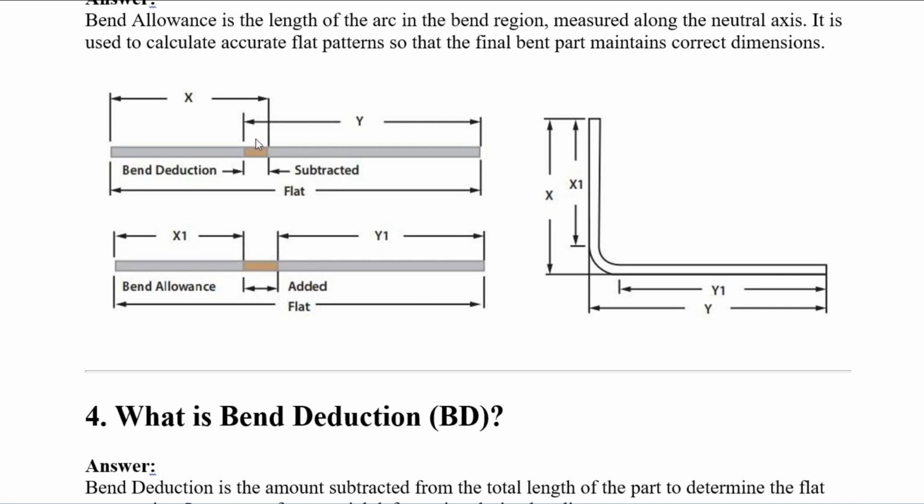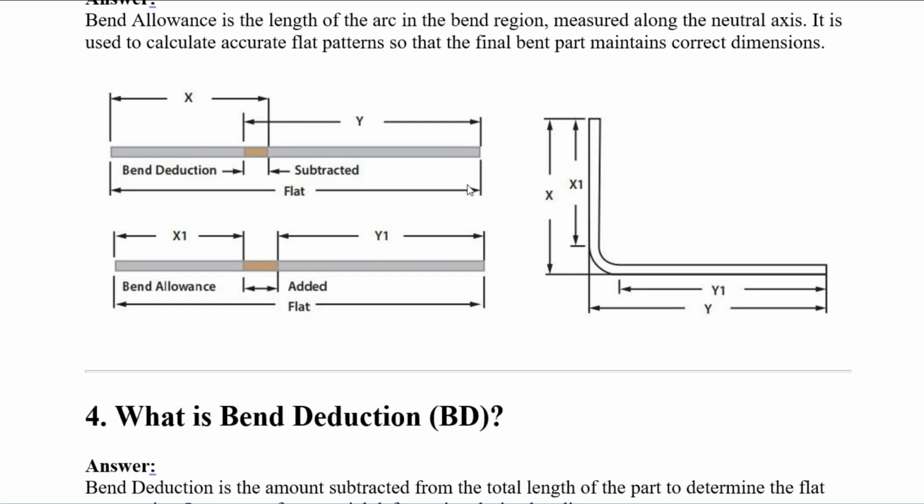And in the bend deduction, we have the complete flat length, and we get it by measuring completely from this end to this surface. We measure the complete x and the complete y, and then we deduct, means we subtract, these components, and then we get the complete flat length.